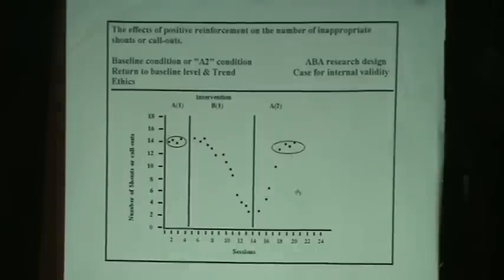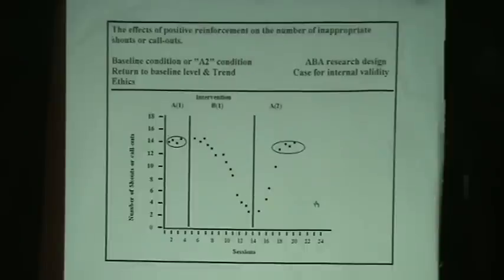If the data in reality looked like this, we could make a pretty good case for internal validity, because we had our baseline data stabilized, we intervened and the data moved in a therapeutic direction, we withdrew the positive reinforcement intervention and the data moved in a contratherapeutic direction, and it stabilized in terms of level and trend at about the baseline level.